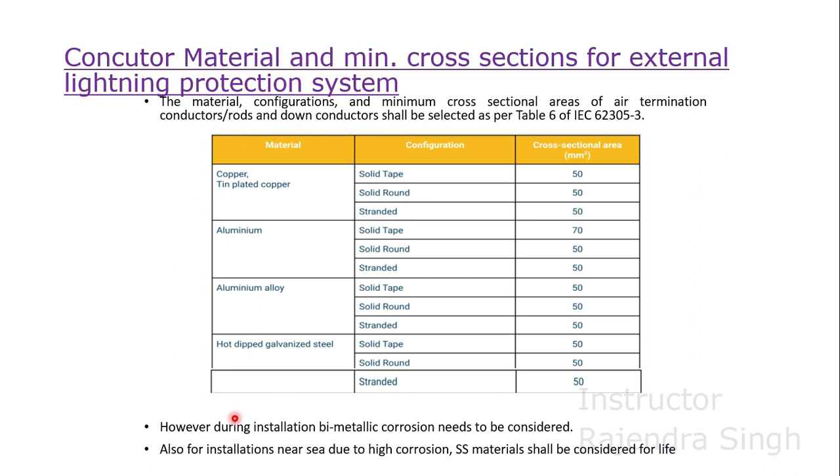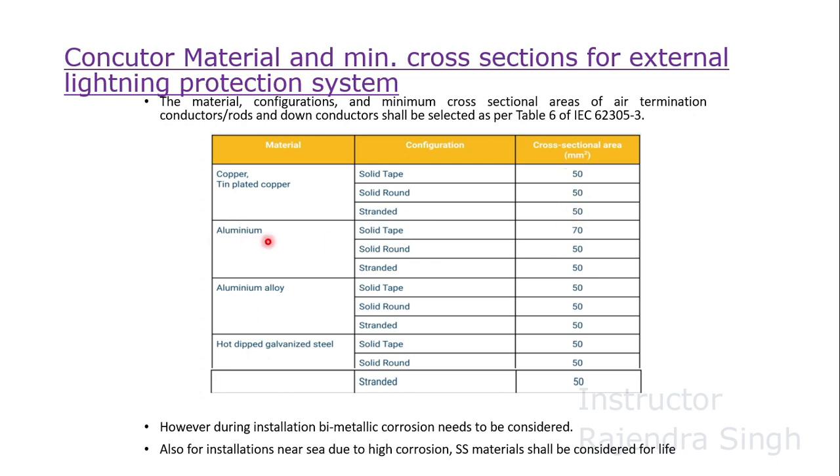As we can see in the left column, the material is provided with configuration and the minimum cross sectional area in square millimeters. If the material is copper or tin plated copper, configurations can be solid tape, solid round or stranded. But in each case, the minimum cross sectional area is 50 square mm or 8 mm dia.